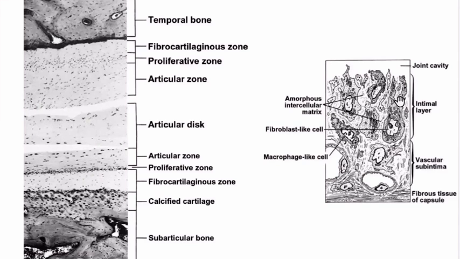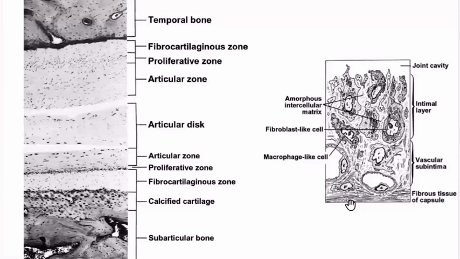The synovial layer is composed of two types of cells: fibroblast-like cells and macrophage-like cells that behave like macrophages. The fibrous layer is composed of dense connective tissue and collagen fibers that are parallel and dense.